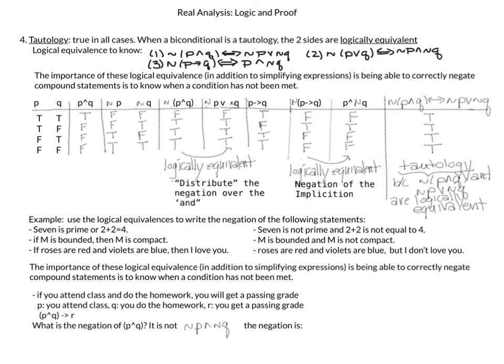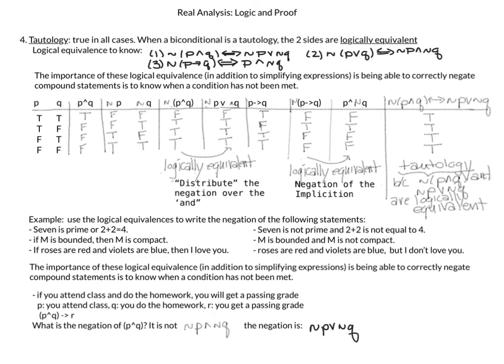It is very important to notice that the negation of P and Q, in other words, these are the conditions that you will get a passing grade. So the negation of this is not P and not Q. That would be dangerous, because then you might think, oh, the only way that you could fail these conditions is if you both don't attend class and don't do your homework.